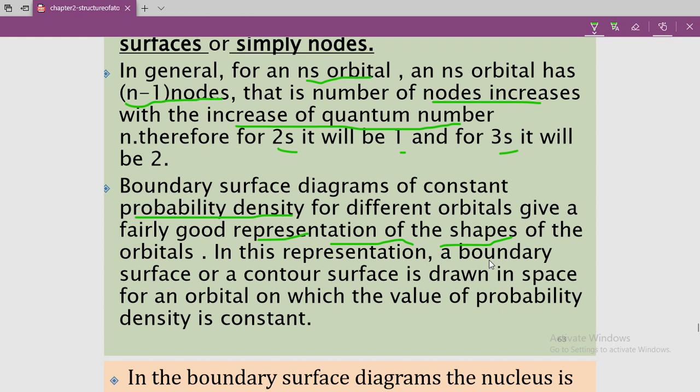Its spherical shape is due to the distribution of electron probability density. The shape of the p orbital is dumbbell, and the d orbital is double dumbbell. These shapes are due to the boundary surface. This boundary surface shows the limit up to where electrons can be found.